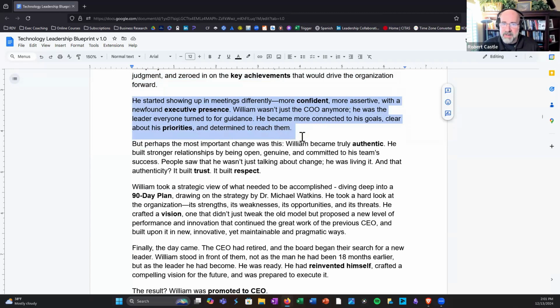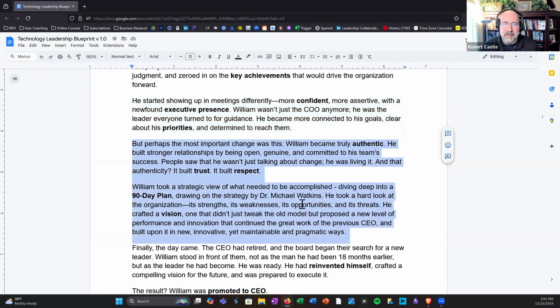He started showing up for meetings differently, more confident, more assertive, with a newfound executive presence. William wasn't just the COO anymore. He was the leader everyone turned to for guidance, and he became more connected to his goals, more clear about his priorities, and determined to reach them.